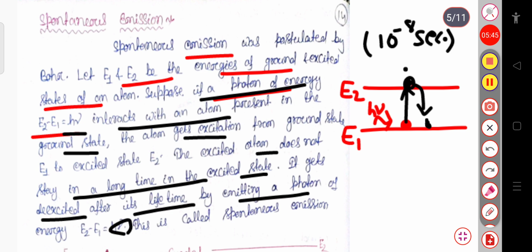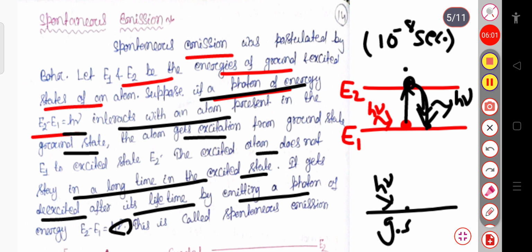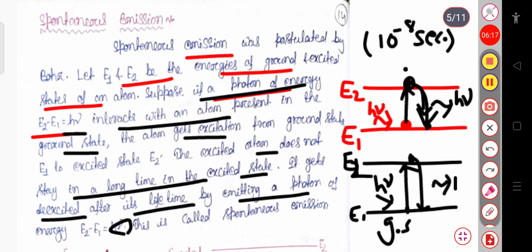So when it comes back to the ground state again, it will emit the amount of energy, that is h nu. So simply, to excite an atom that is present in the ground state, it needs the amount of energy h nu to go to the excited state, that is E2. And after de-excitation, when this atom present in the E2 state jumps to the ground state, it will also emit radiation of energy h nu.